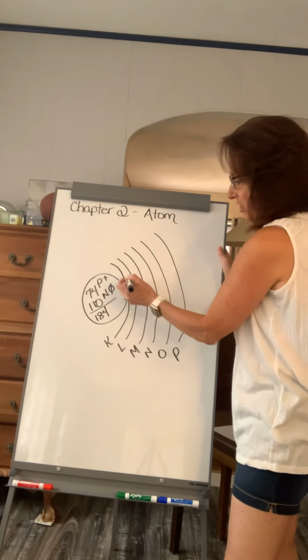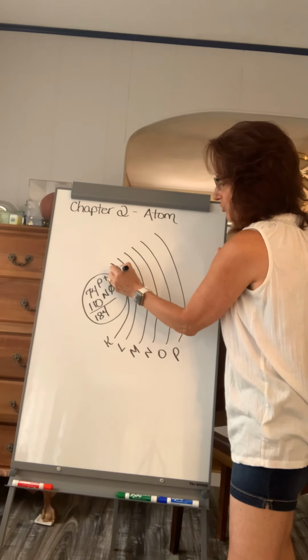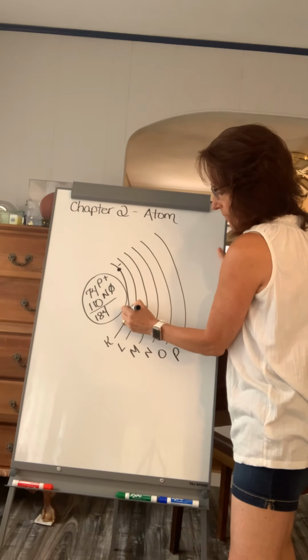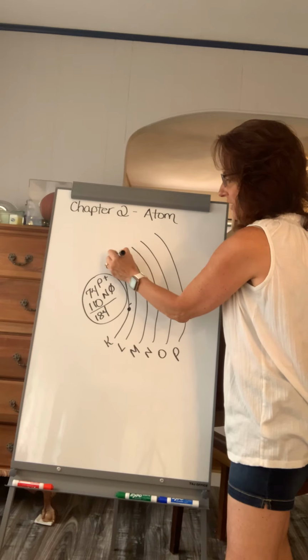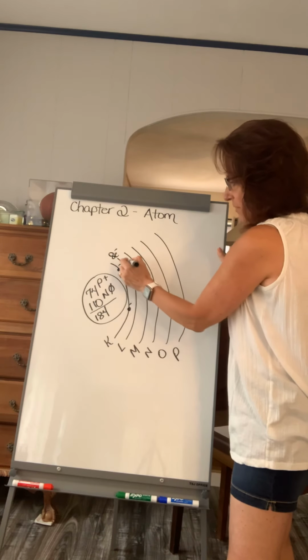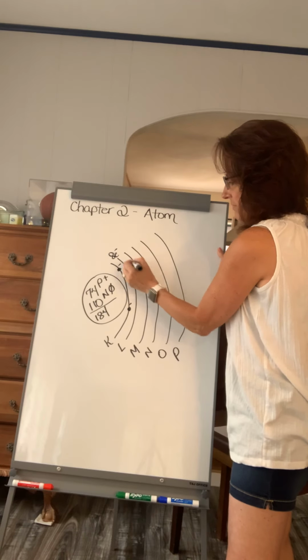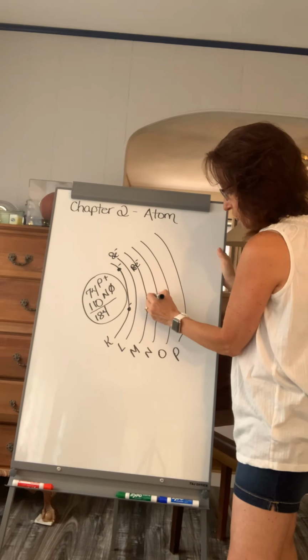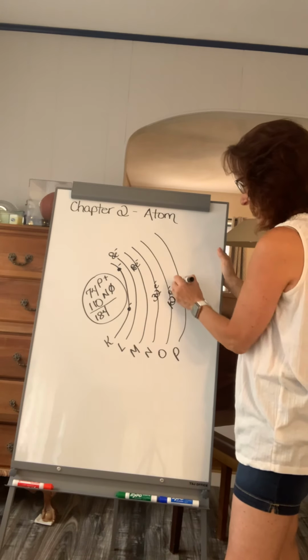Now, on K shell, there are 2 electrons. So I'll just draw them like this. On L, there are 8 electrons. M has 18. N has 32. O has 12. And P has 2.